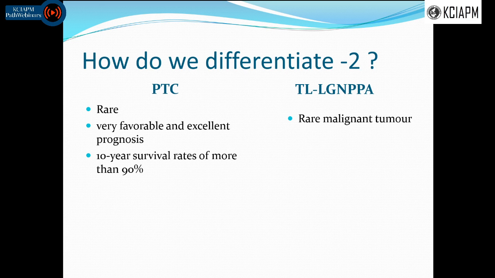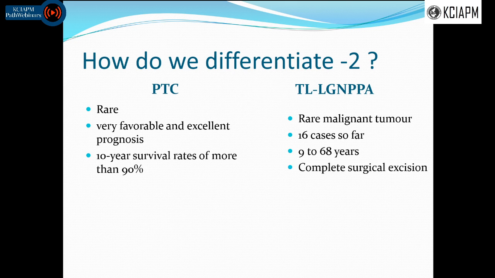Whereas the low-grade nasopharyngeal papillary is an extremely rare malignant tumor, but it can land upon your table at any time. So far, 16 cases have been described, and they range from 9 to 68 years of age, so they could affect anybody. The treatment is complete surgical excision, just like the conventional papillary thyroid carcinoma.